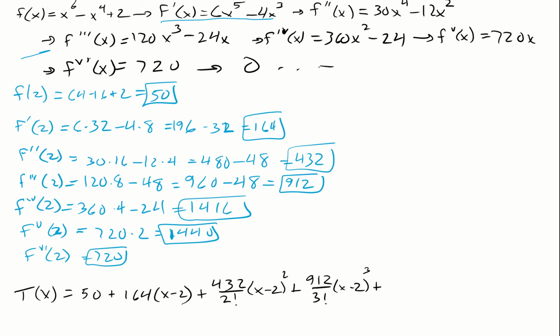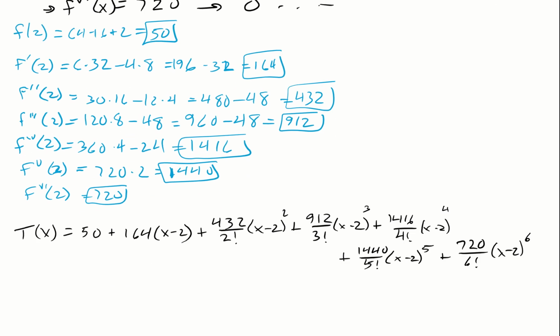And the next one, 1416 over 4 factorial x minus 2 to the 4th. And how many more? A couple more. So we'll say plus 1440 over 5 factorial x minus 2 to the 5th. And lastly, plus 720 over 6 factorial and x minus 2 to the 6th.